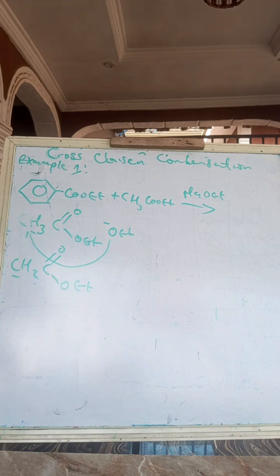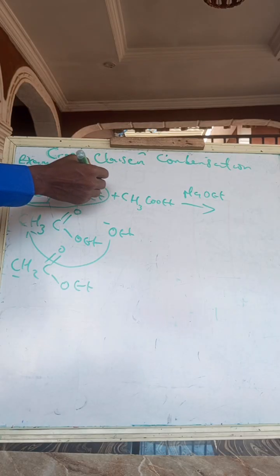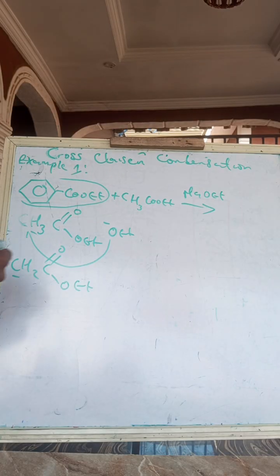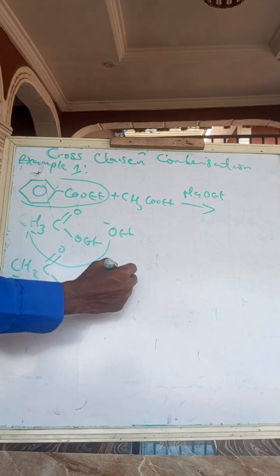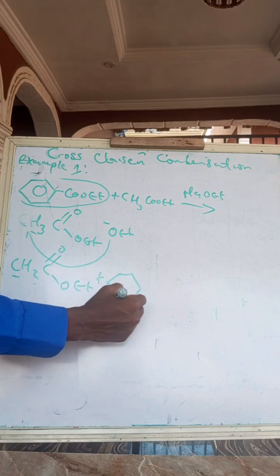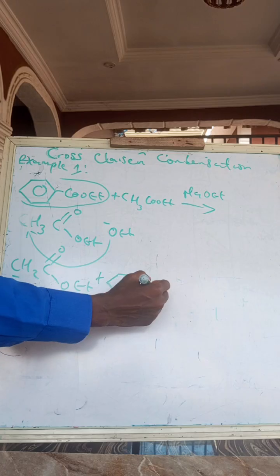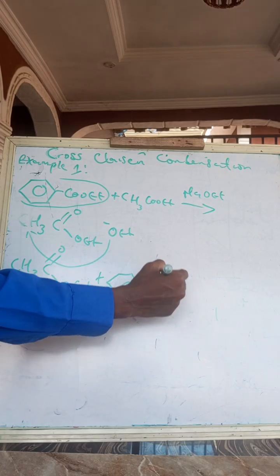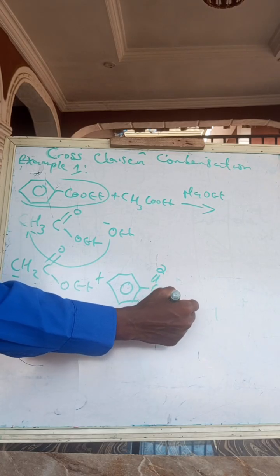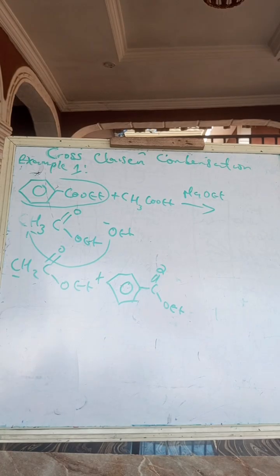Since we successfully formed our enolate, we can introduce the one without the alpha hydrogen. We bring it into our equation.